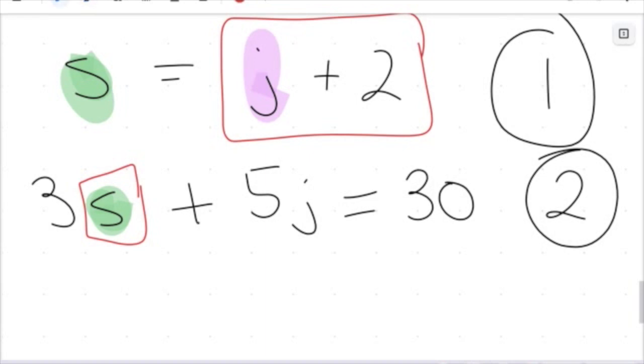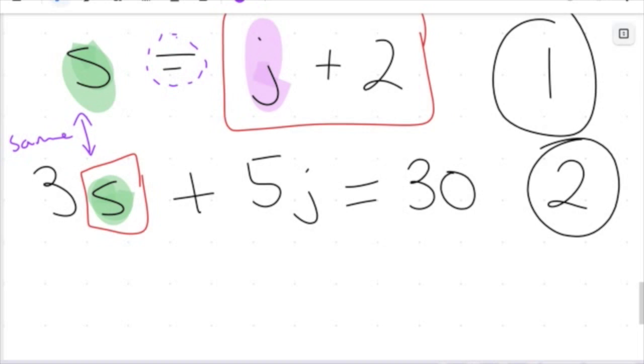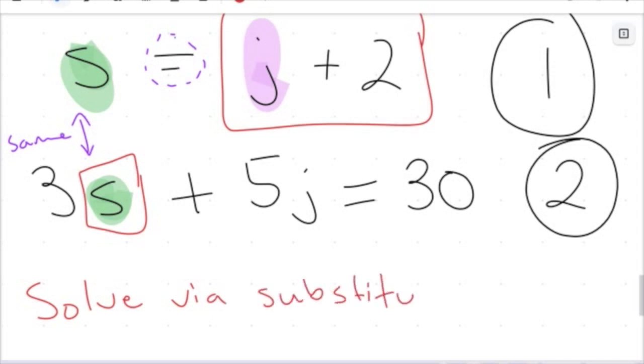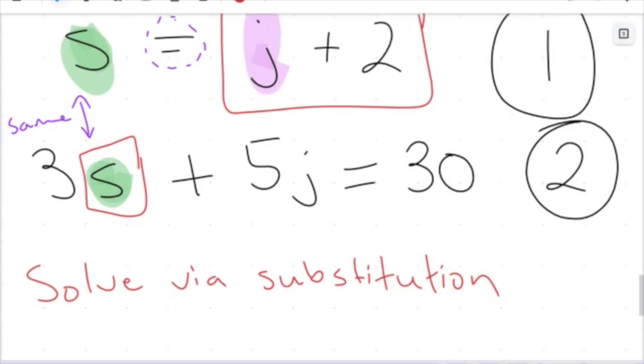That's what my sign here tells me. These are equal and these two are the same. So I can substitute my J plus 2 using substitution now. I'm going to solve this with the second method that we talked about. I wanted to use both the elimination and substitution methods for each question here.